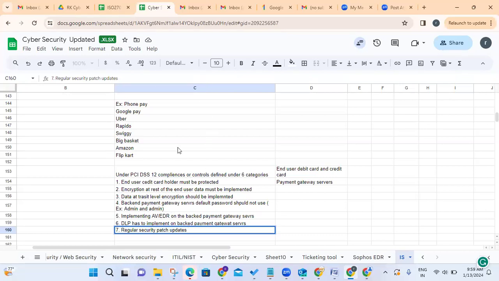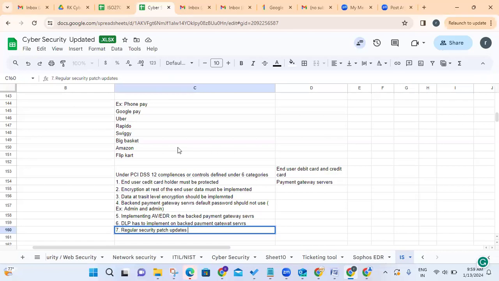Upgrading of the patches and identifying the vulnerabilities, that entire process is called vulnerability management along with patch management. That's right.